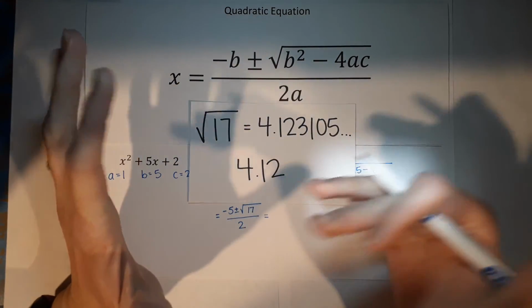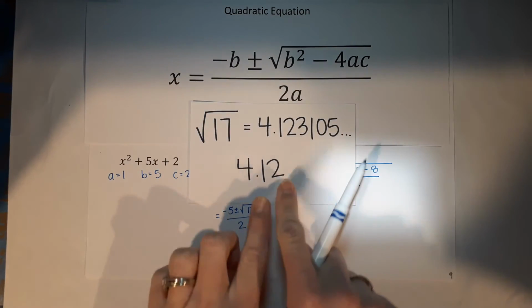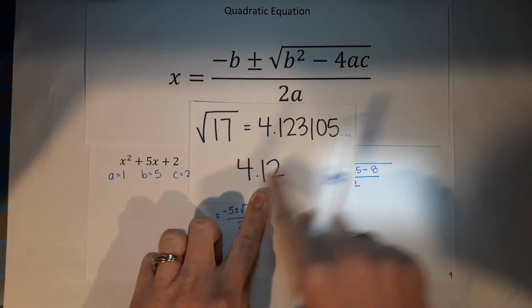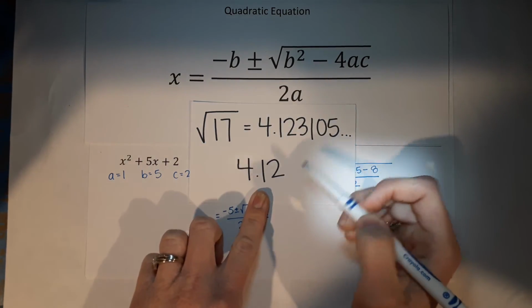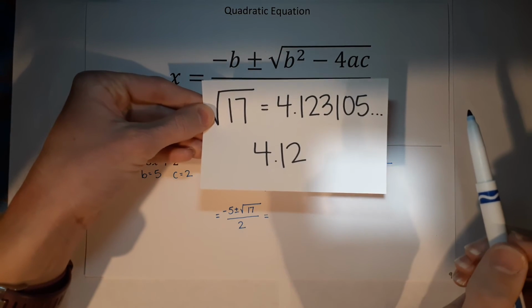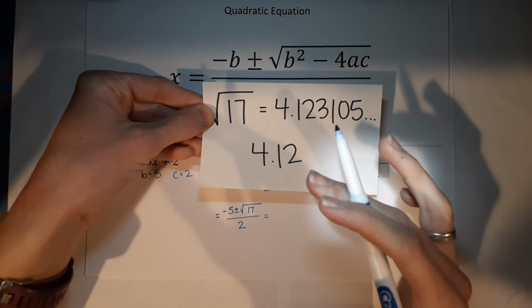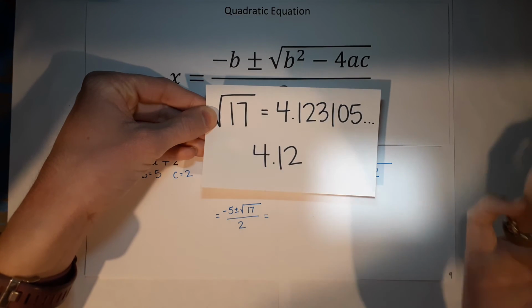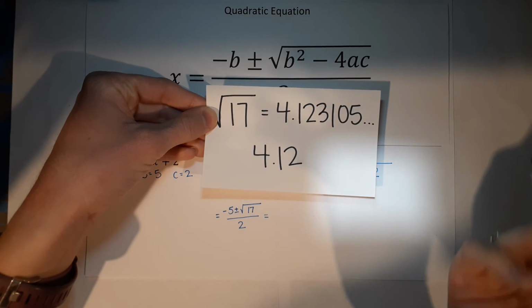I figure a pretty normal one to do is the nearest hundredth, which is 2 decimal places. So I rounded this big guy to 4.12. Okay. So we are using the square root of 17 as 4.12. If you use your calculator, you can get it more exact. But anyways, for our purposes today, we're going to use 4.12.